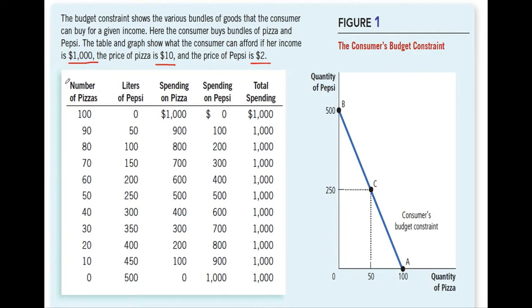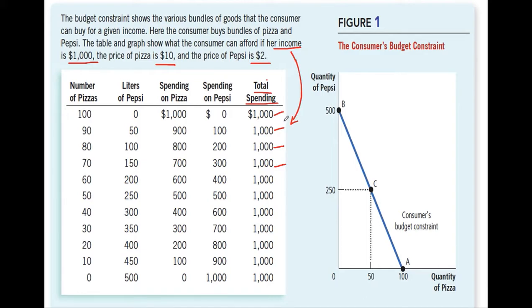Of course, the total spending of Harley should not exceed $1,000. Why? Because his income is $1,000. He has a limited income, only $1,000, so his spending on goods and services cannot be over $1,000.